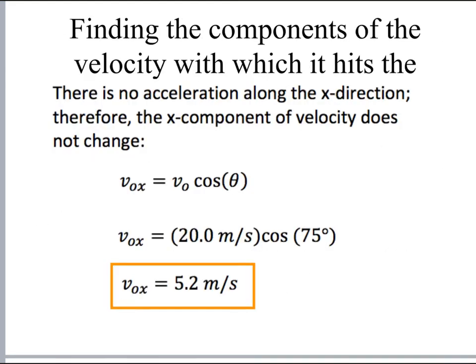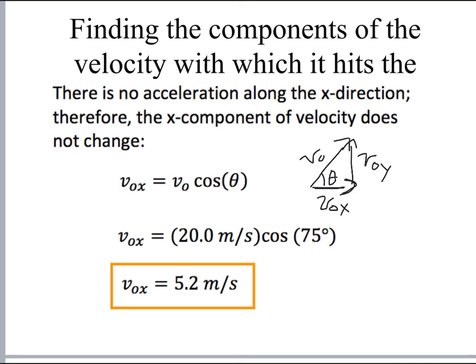Okay, we already found the y component of the initial velocity. We can also do the same thing to find the x component. We know that when the projectile was launched from its initial height, it had an x component. This would be my v naught, this would be my v naught x, and this would be my v naught y. And this would be the angle that the initial velocity makes with the horizontal. And so my v naught x is along the adjacent side of that triangle, so it goes with the cosine.